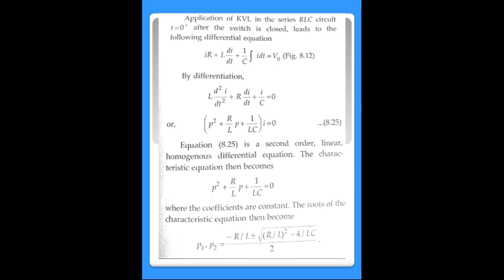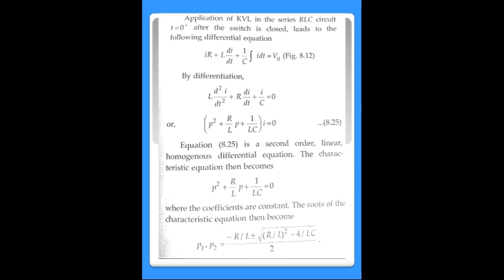This is a second order linear homogeneous differential equation. So, the characteristic equation becomes P² plus (R/L)P plus 1/LC is equal to 0, where the coefficients are constant.